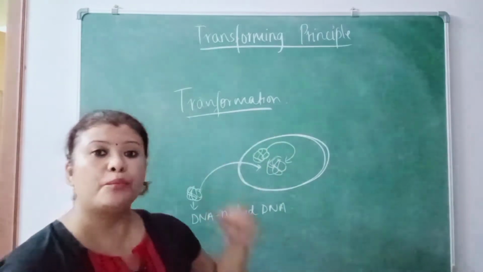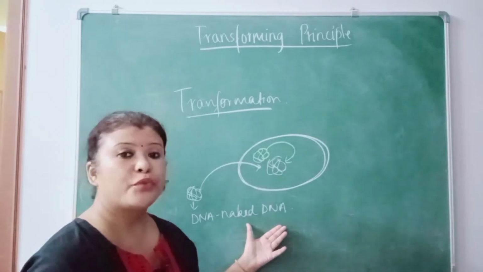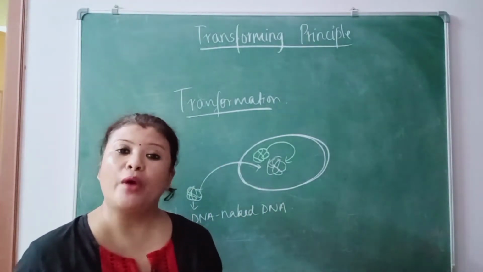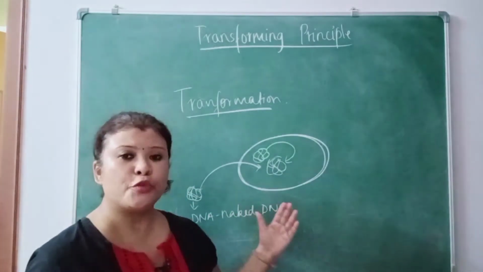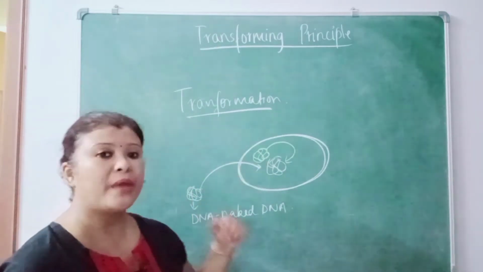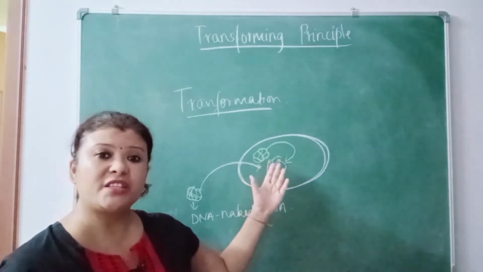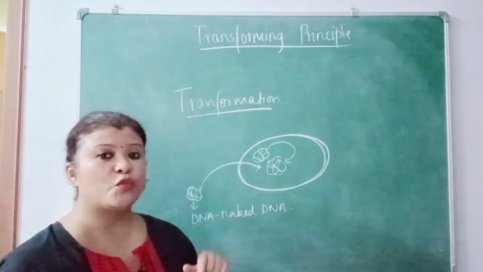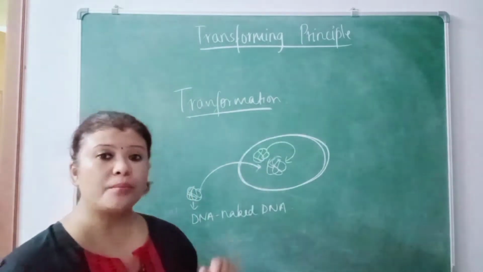The transforming principle which was given by Griffith, the most important principle lies in this process of transformation. However, you have to make a note here that at times during the process of transformation, the bacteria may not accept the naked DNA which was transferred from the external medium to the bacteria.